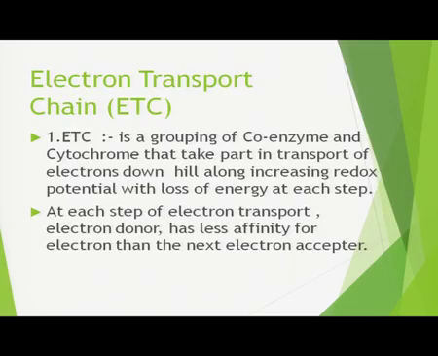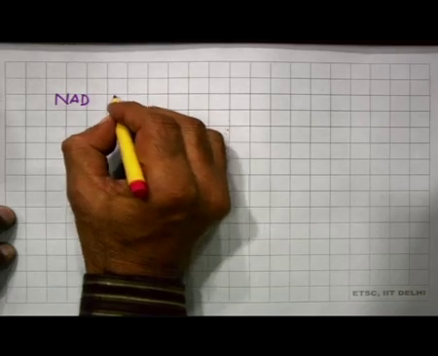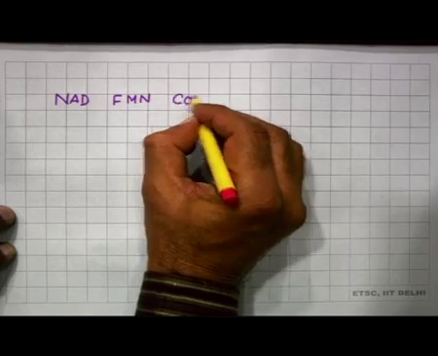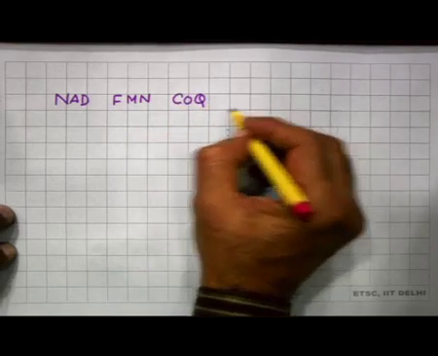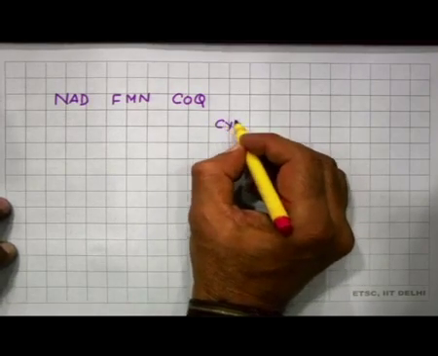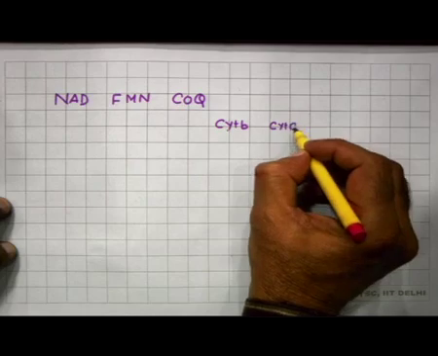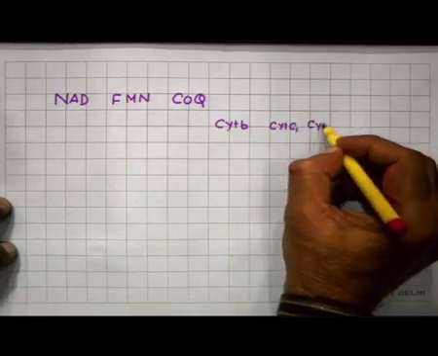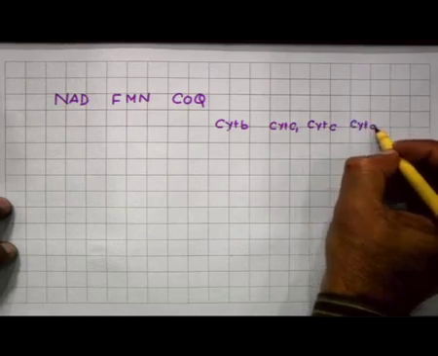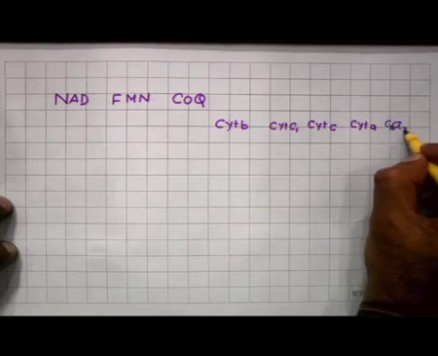These groups are NAD, FMN, coenzyme Q, cytochrome B, cytochrome C1, cytochrome C, cytochrome A and cytochrome A3.